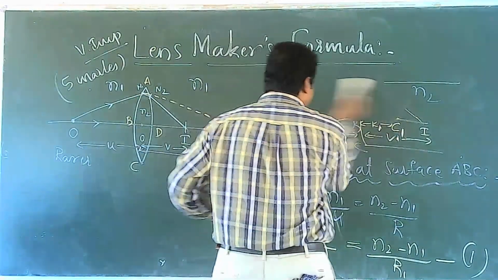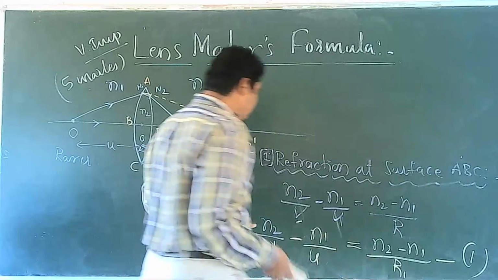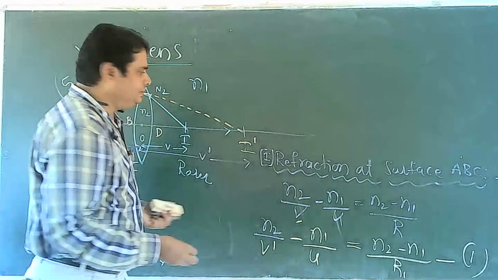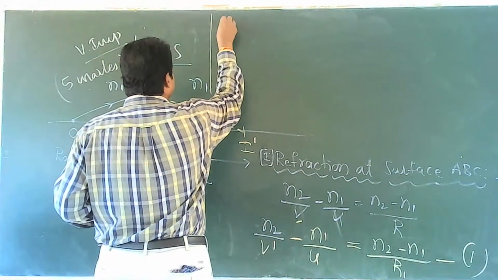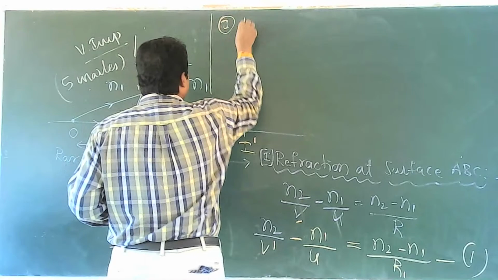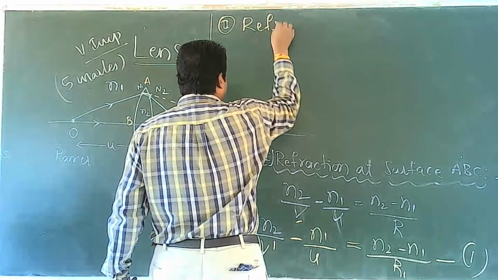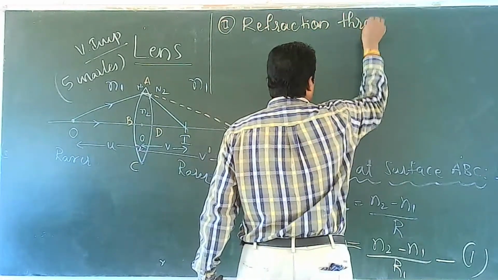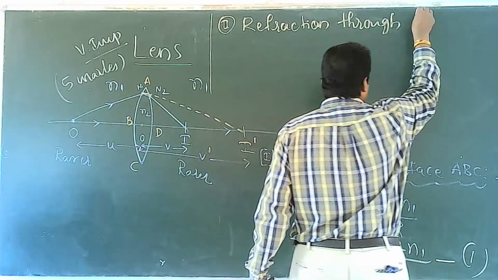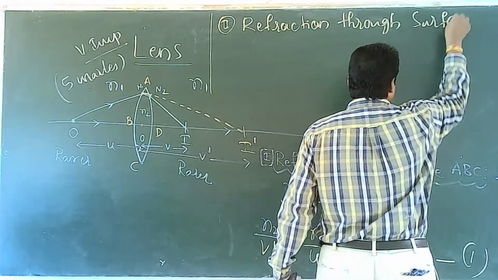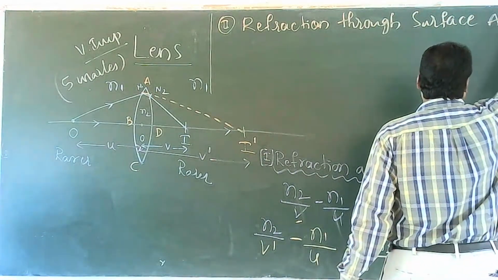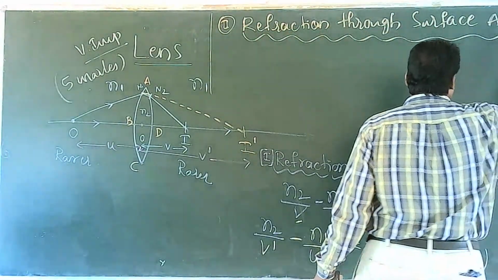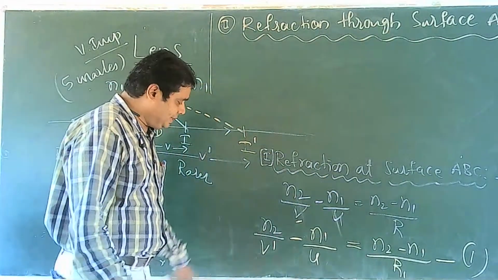Okay? Okay. Now, okay, let me write here. Available space, right? Second point. Roman number 2. Refraction through surface ADC, or you can use this formula also here.